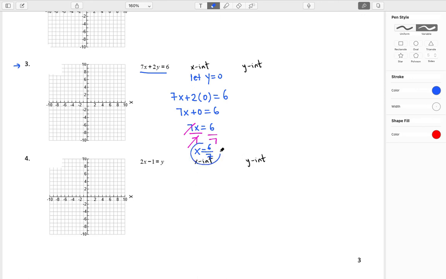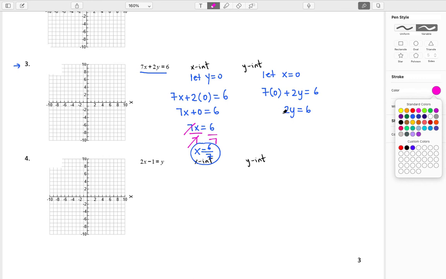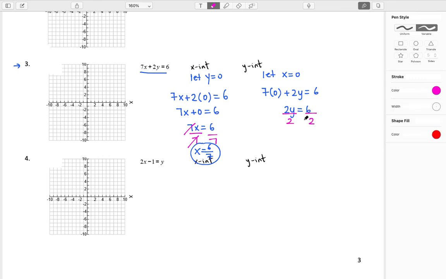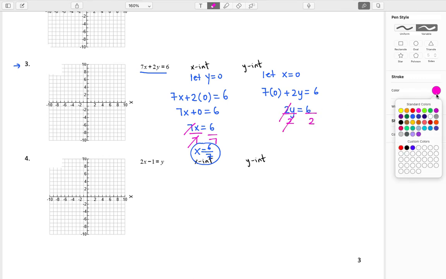So that's my x-intercept. For the y-intercept, we're going to let x equal 0. So I'm going to plug in 0 for x. 7 times 0 is just 0, so I just omit it. So 2y equals 6, and we're going to divide both sides by whatever is in front of y, which is 2.